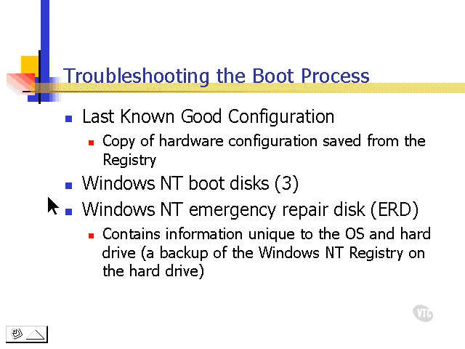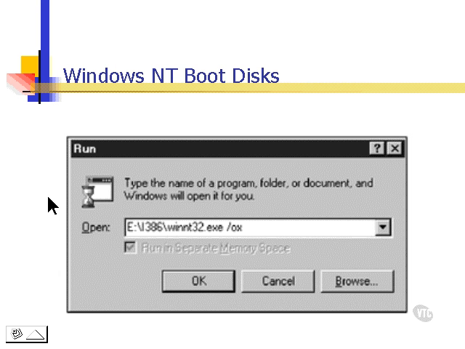To create the Windows NT boot disks, we would run a program from a run line on a computer that has a previous installation of Windows NT. We would go to the i386 folder, and from the i386 folder we need to run the program winnt32.exe /OX.